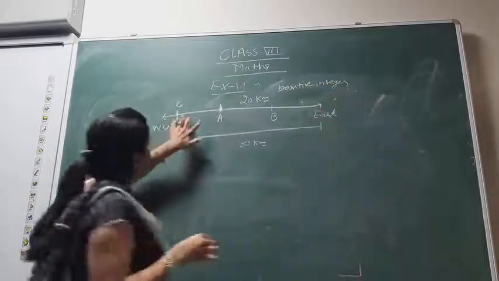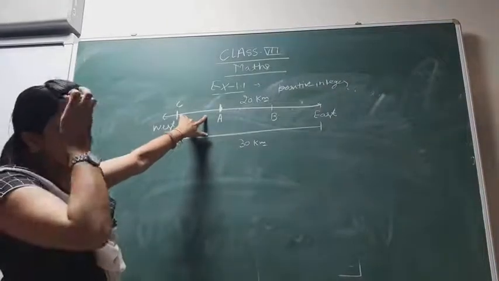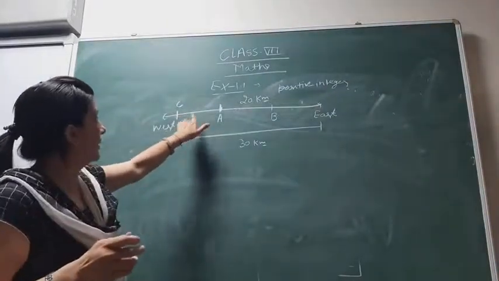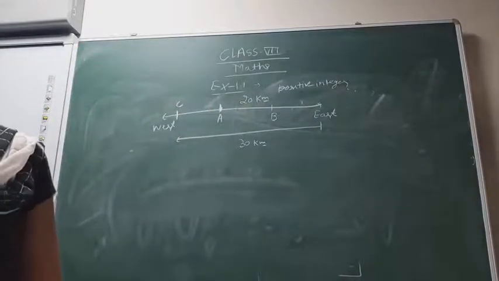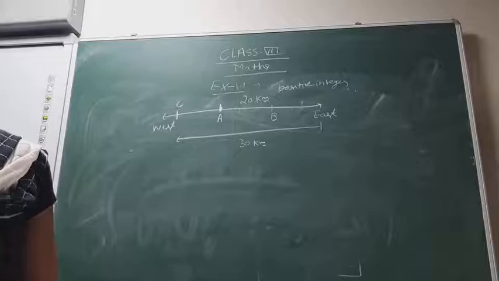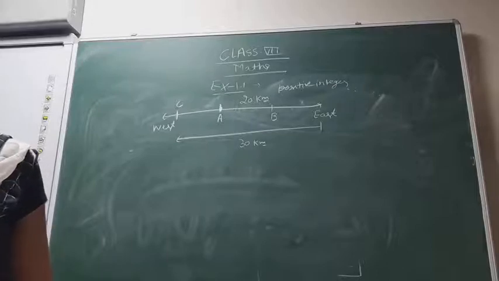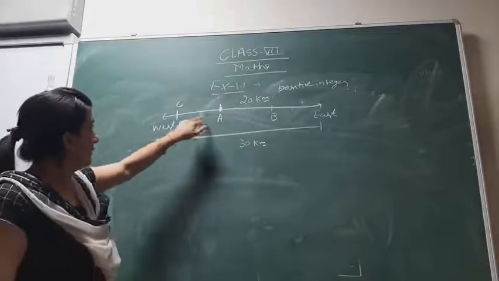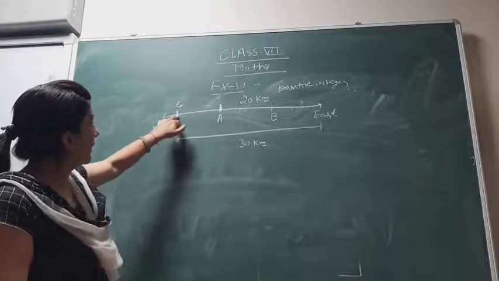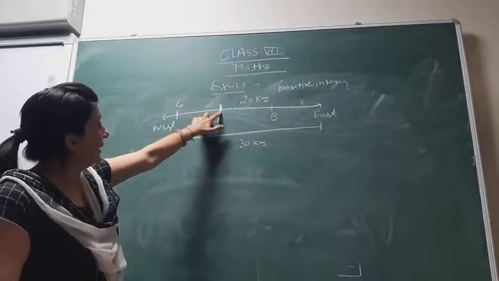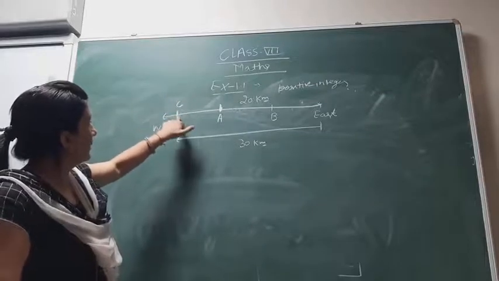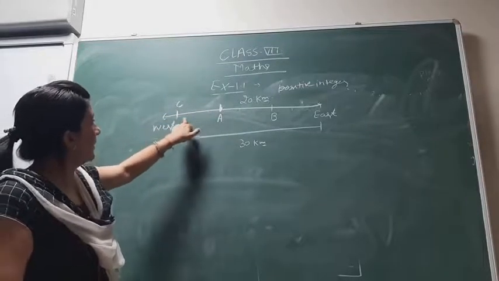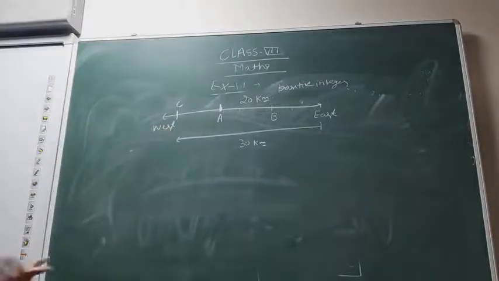Then they have asked, by which integer will you represent her final position from A? We say that she has reached at point C, so what is her final position from A? Means what is the distance between A and C, if positive, if negative, how much is the distance?